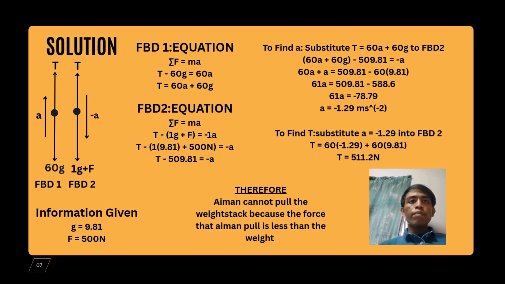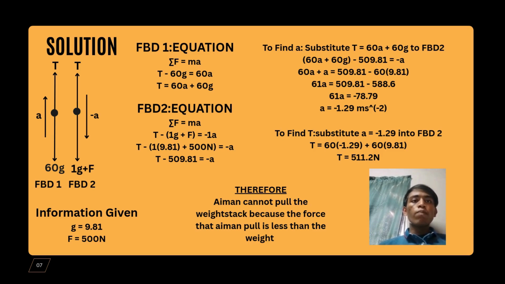For FBD1, apply Newton's second law using the equation sum of F equals ma and substitute the given values into the equation. This produces the first equation relating the unknown variables. Next, repeat the same process for FBD2, applying sum of F equals ma and substituting the given information, which gives the second equation.